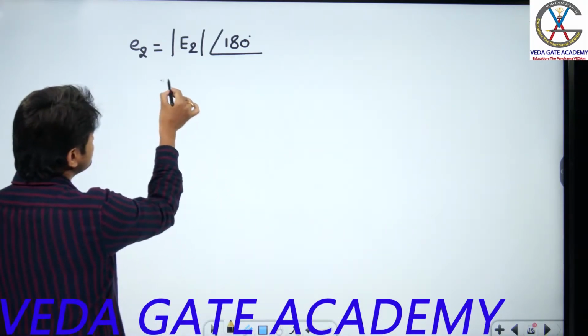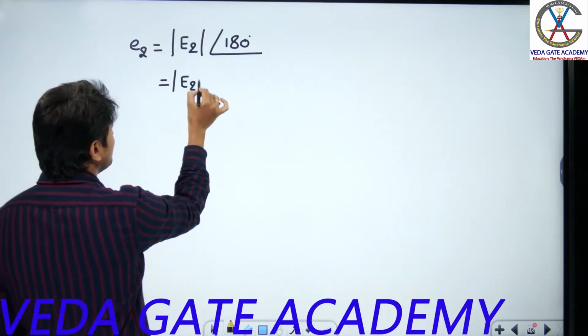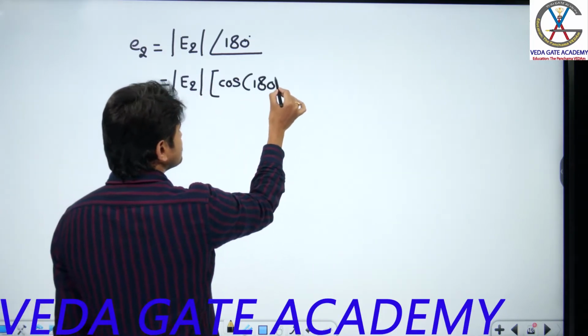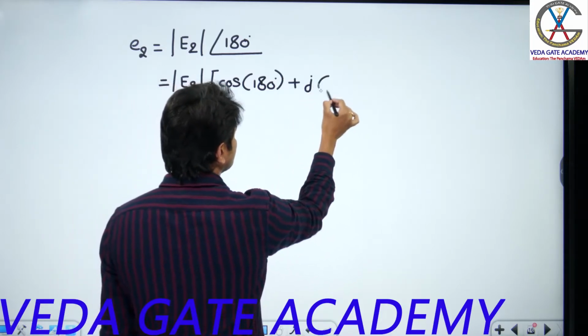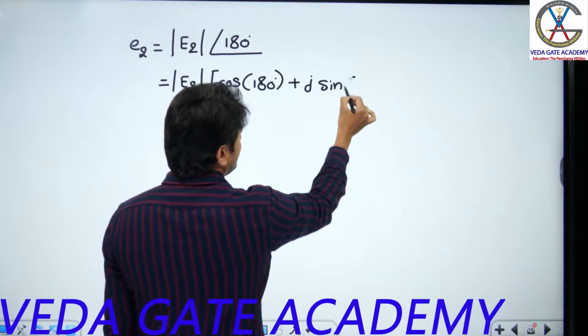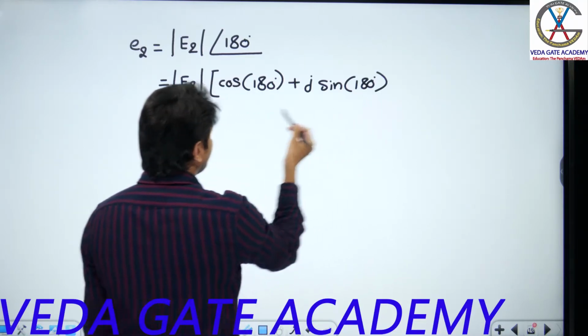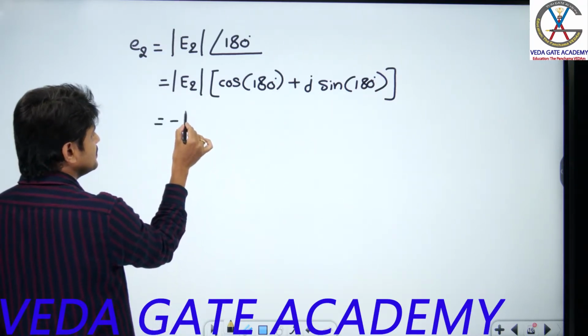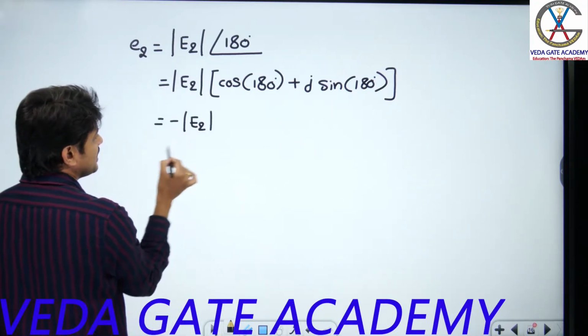Now if I expand this polar form, as we know, angle 180 I can write as cos 180 plus j sin 180. And we know that the cos 180 value is -1 and j sin 180 value is 0. Right? So what value are you going to get, guys? Here I can write this as minus magnitude of E2.